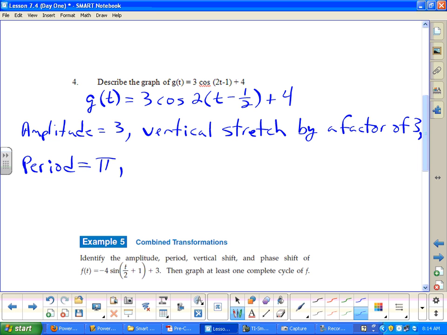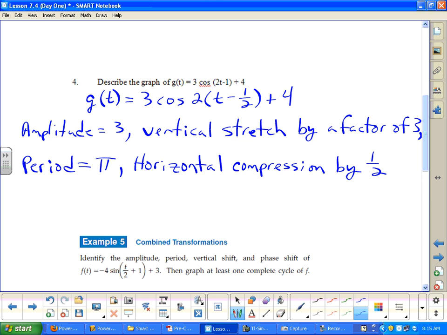So if the period is pi, that means it's been horizontally what? Normally the period is 2 pi. If I cut the period in half, does that stretch or compress it? Compresses it. So this is a horizontal compression by 1/2. That should make sense because if our value of B is 2, then when we're talking about horizontal stretches and compressions, we're doing the reciprocal. The reciprocal of 2 is 1/2.